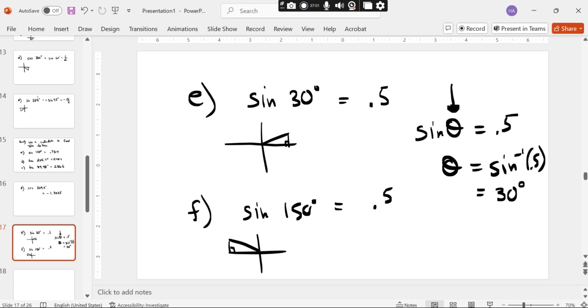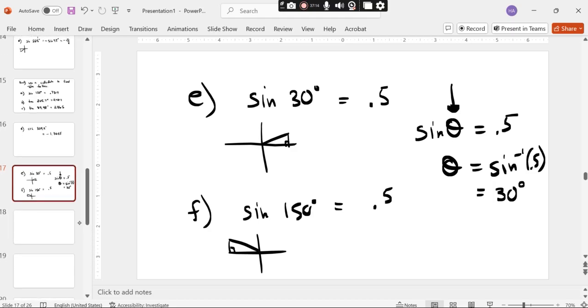That's what it does. So if we want to go backwards, we actually have to figure out how to get the reference angle and then go backwards from it.